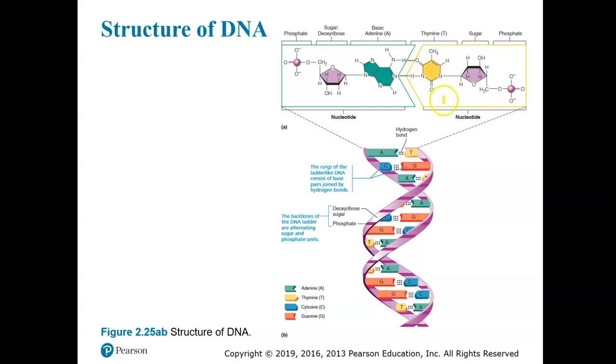That's because it is a pyrimidine. And then the adenine has a double ring structure because it is a purine. The nucleotide that contains thymine also contains a sugar and a phosphate. So the sugars and the phosphates form the sides of the ladder, and then the bases form the steps or the rungs of the ladder. And the ladder is twisted, and that's where you get the double helix shape from.